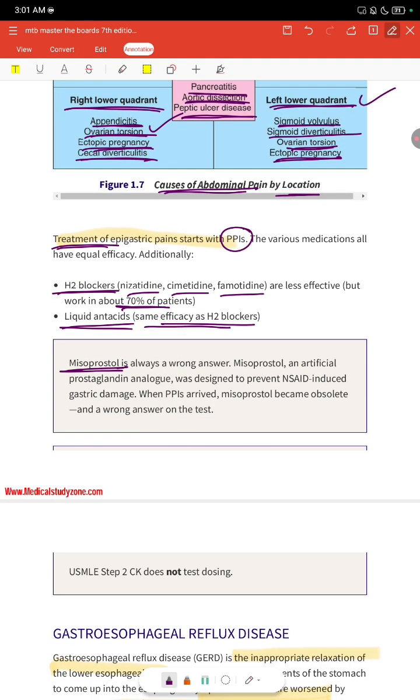Misoprostol is always a wrong answer. Misoprostol is an artificial prostaglandin analog. So it was designed to prevent NSAID-induced gastric damage. When PPIs arrived, misoprostol became obsolete and a wrong answer on the test.